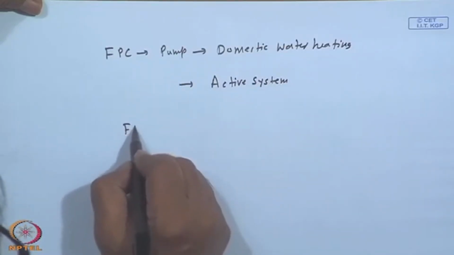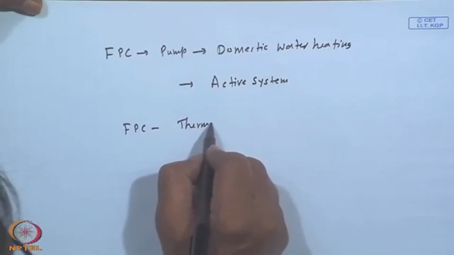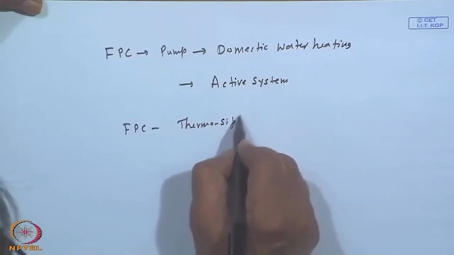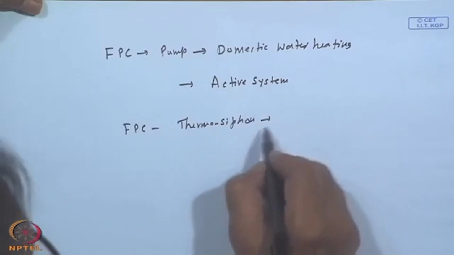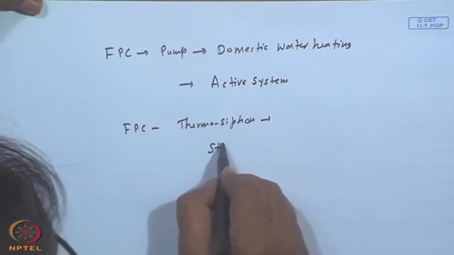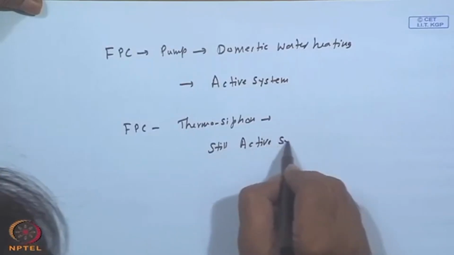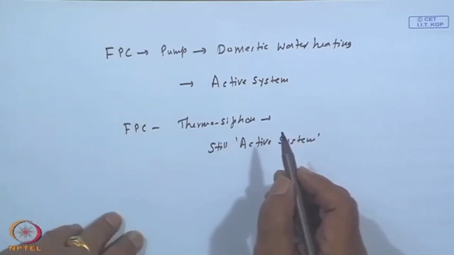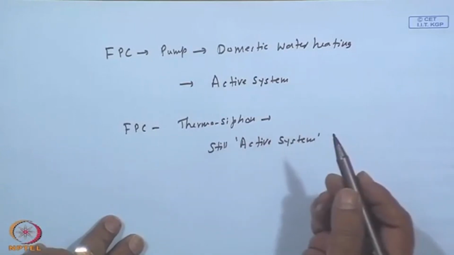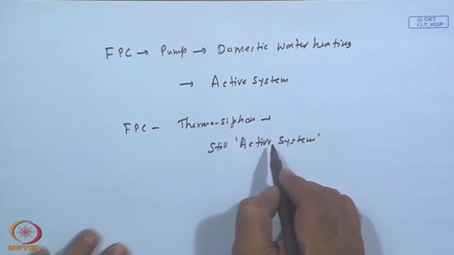Similarly, use FPC, use thermosiphon, and it is still an active system. Because there is no auxiliary power, there is no pump, we do not call it a passive system, we call it still an active system.